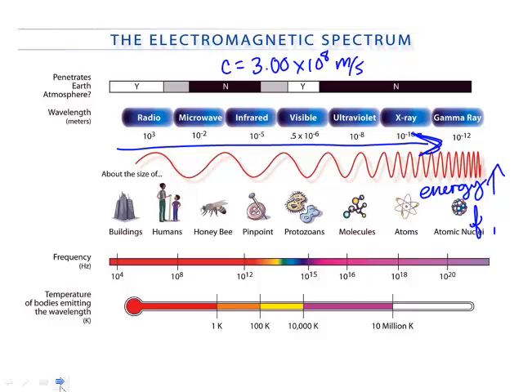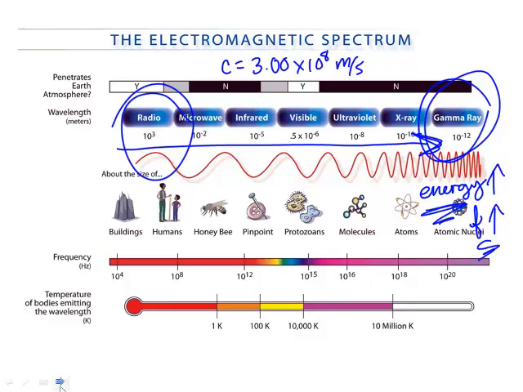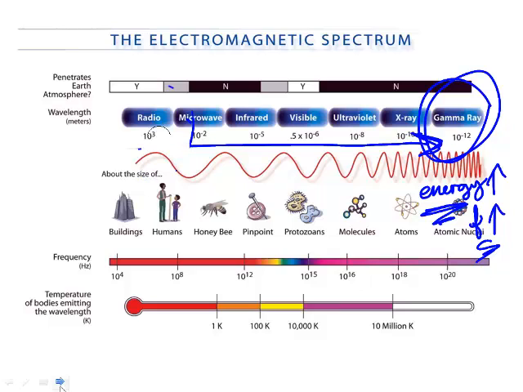Energy increases with frequency, so the frequency increases and the energy increases. Radio waves are not harmful to you where gamma rays are because of this energy and frequency increase. Remember that as wavelength increases, frequency decreases, and vice versa.